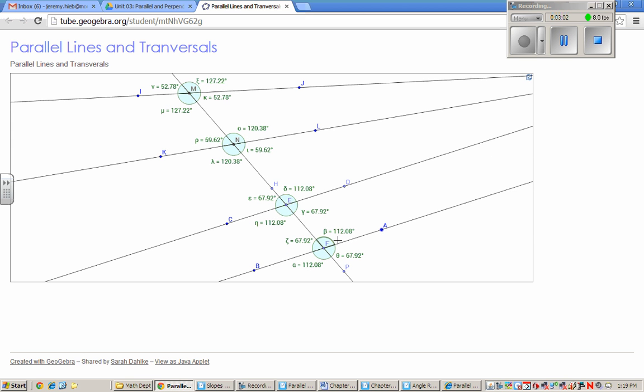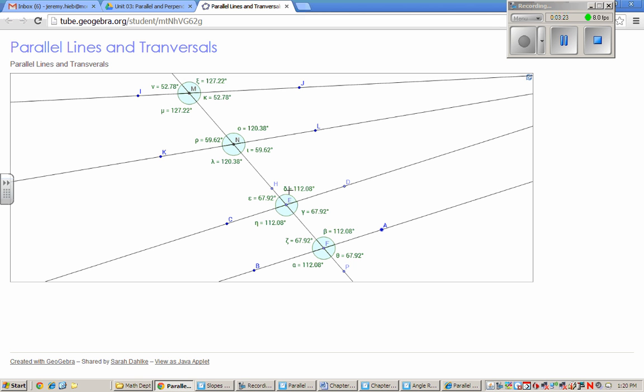Now, if you look at these angles, these are parallel lines. Hopefully you can see that this angle up here and its corresponding angle are congruent. We also know there are vertical angles, so these alternate interiors are congruent as well, and your alternate exteriors are congruent too.